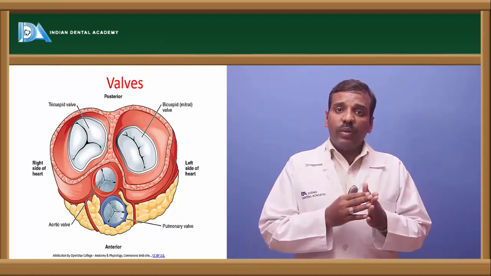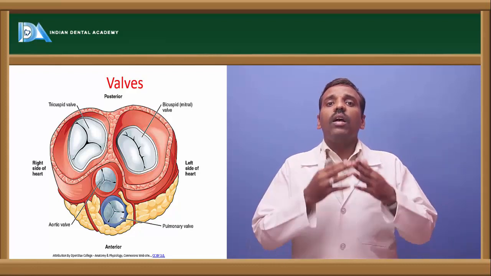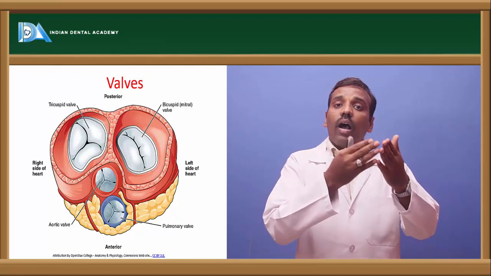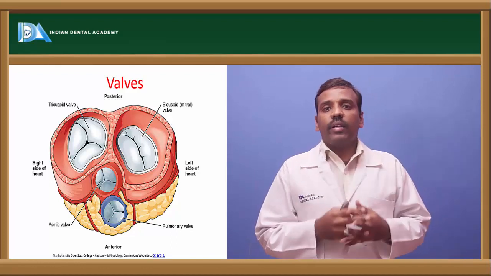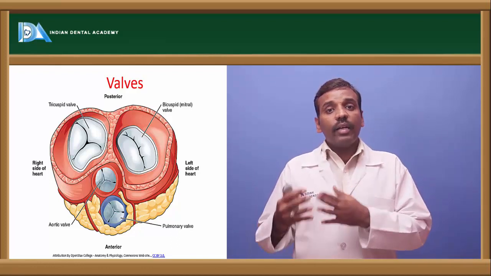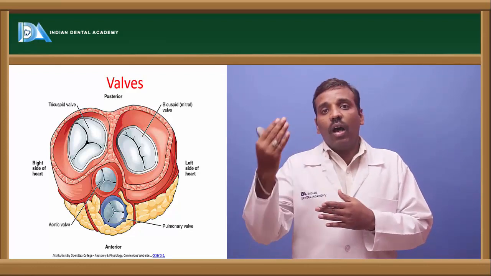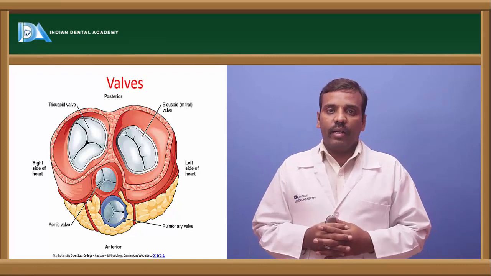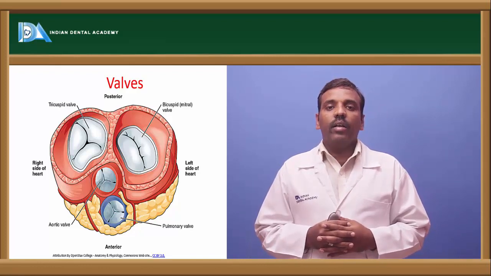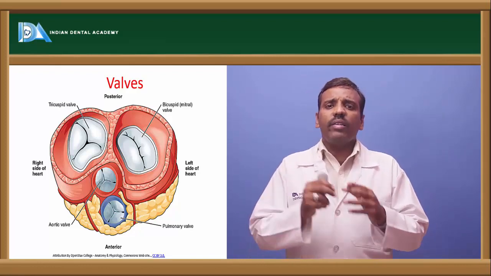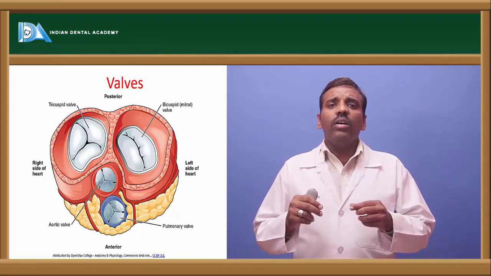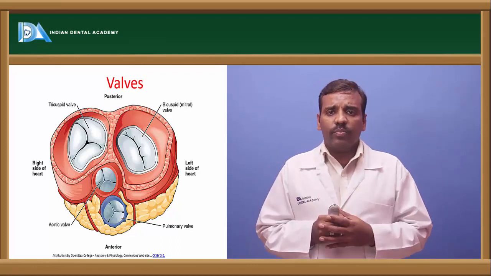So the bicuspid valve is in between the auricle and the ventricle, and the tricuspid valve is also between the auricle and the ventricle. The pulmonary valve and the aortic valve are the ones which send the blood outside.